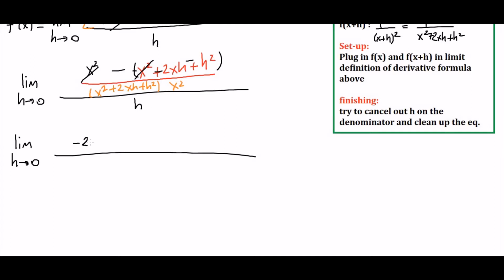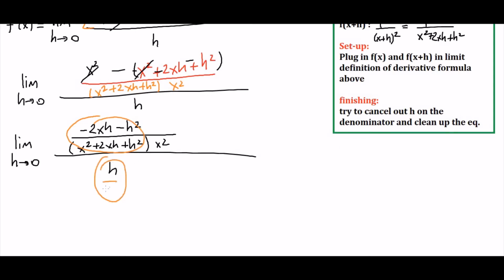So negative 2xh minus h squared over this common denominator we had before, all over h. So we have a complex fraction here, so we can do keep change flip. Keep the first fraction, change to multiplication, flip the second fraction.